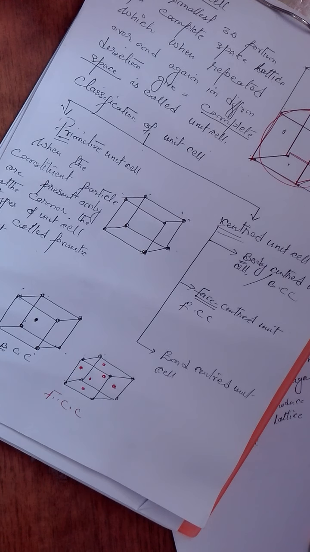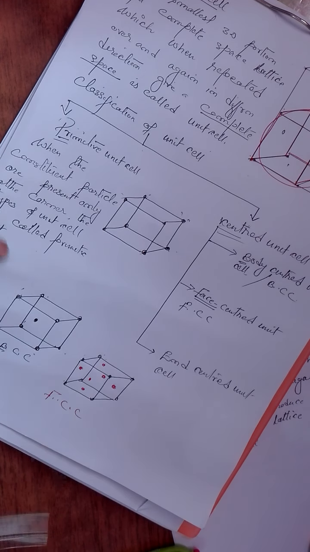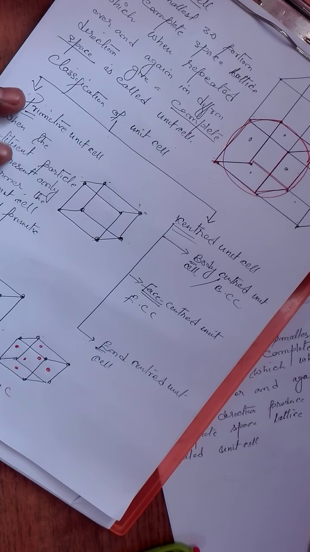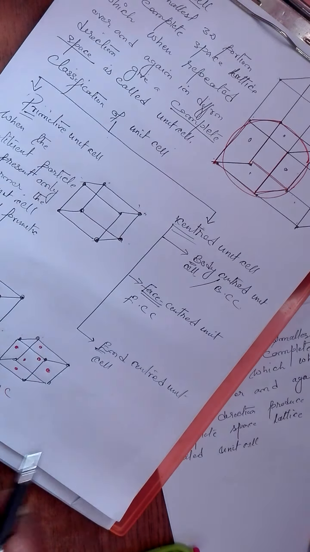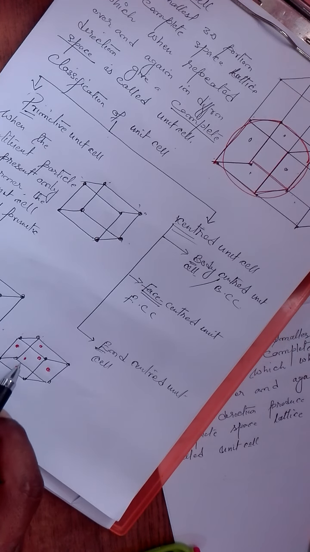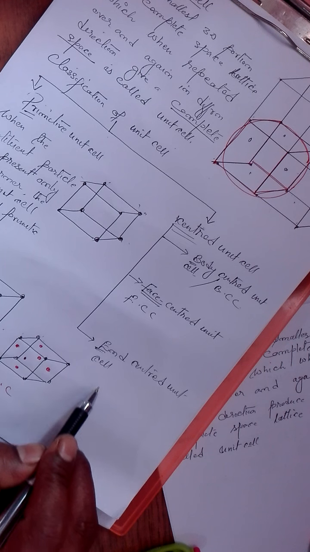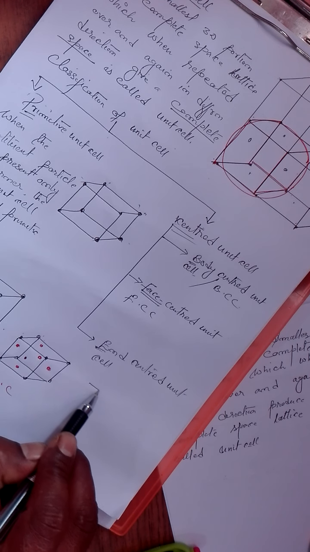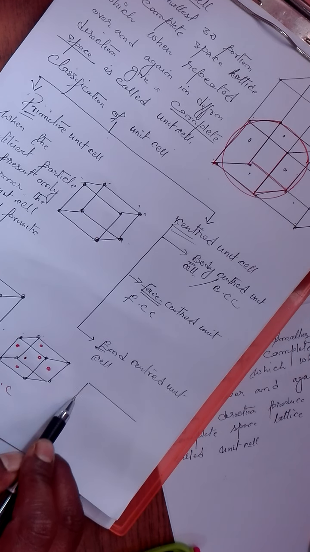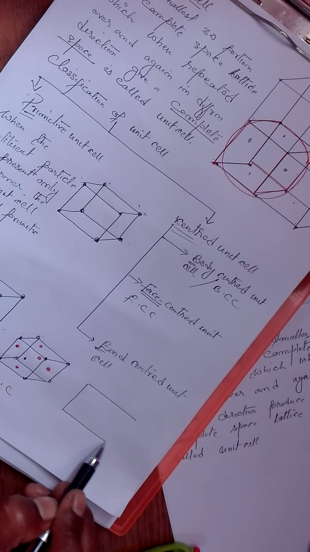So we have studied the second type of unit cell. I'm going to explain to you the third type of unit cell, that is called the end-centered unit cell. What kind of unit cell do we call an end-centered unit cell? All right. Now, let me try to draw this unit cell here.